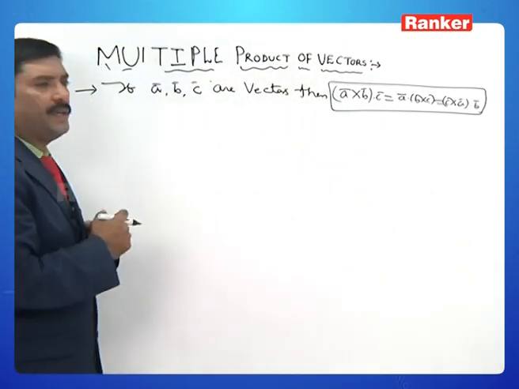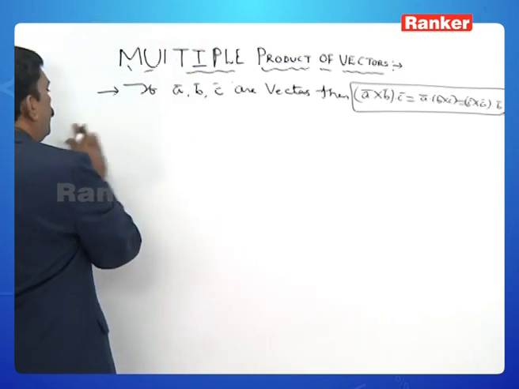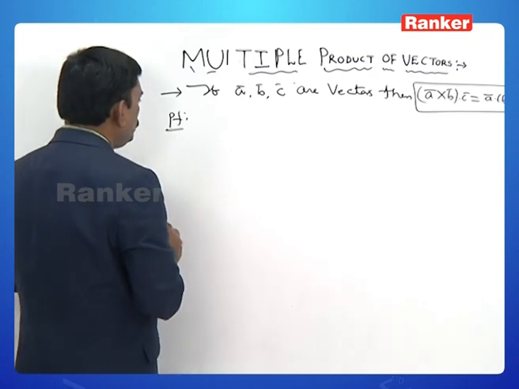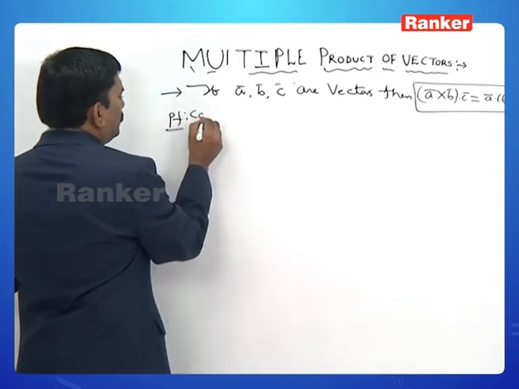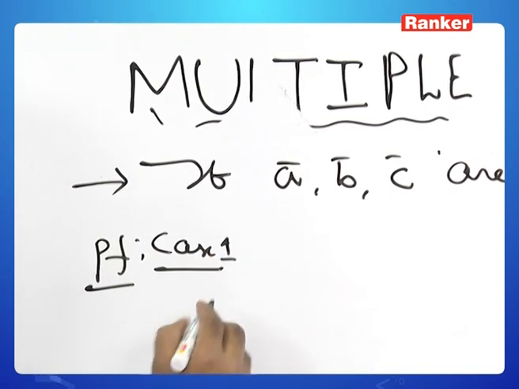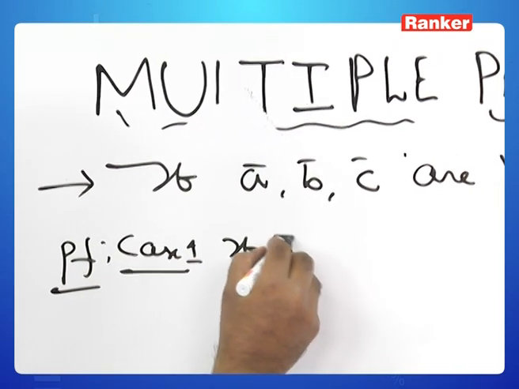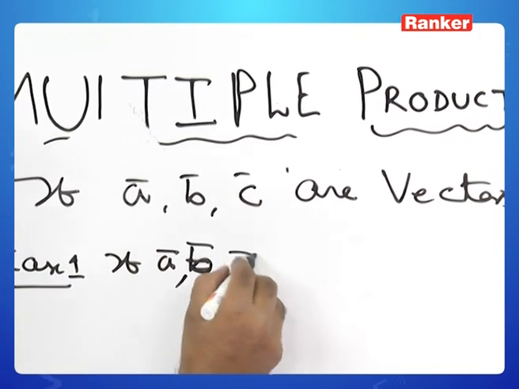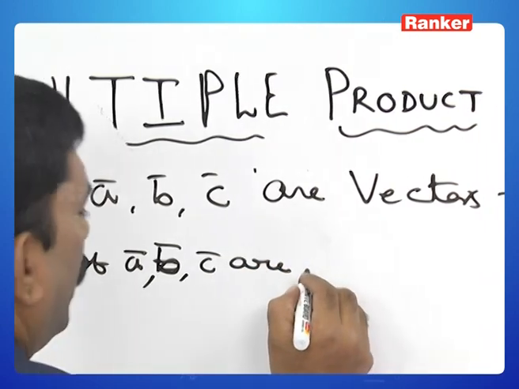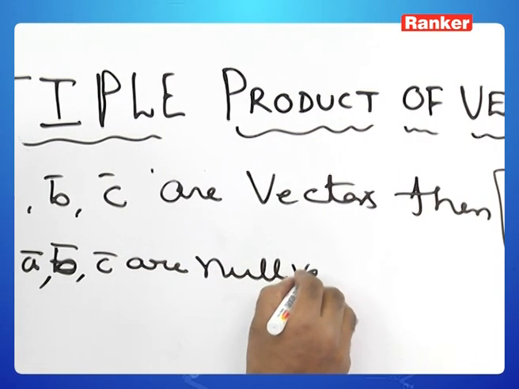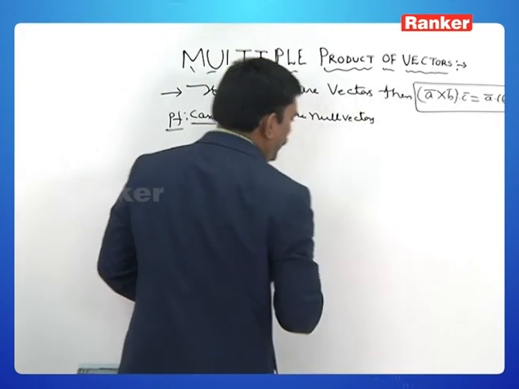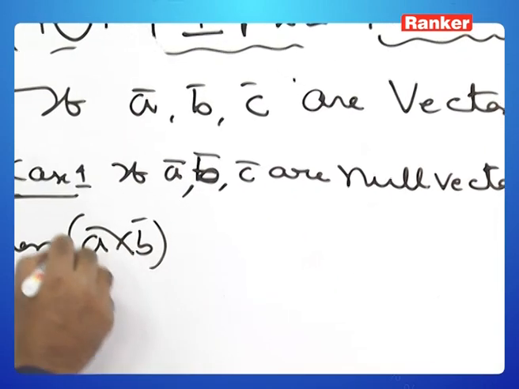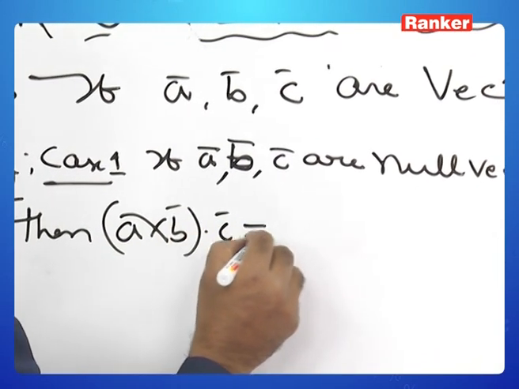Now here three cases arise. Case 1. If A bar, B bar, C bar are null vectors, then A cross B is a null vector, so this is 0.